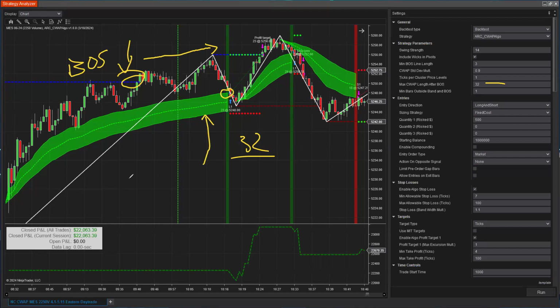The reason being is you may have something like this, let's say. Say you get a BOSS break here, and you've got your CWAP, and it never comes in. But now you've got a new BOSS break, and you've got another CWAP right here, and you want to take that trade. So you take that trade, and then finally it comes all the way back into this lower CWAP, and it enters you in a trade, and you get slammed.